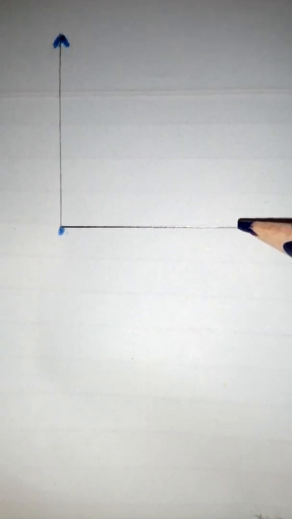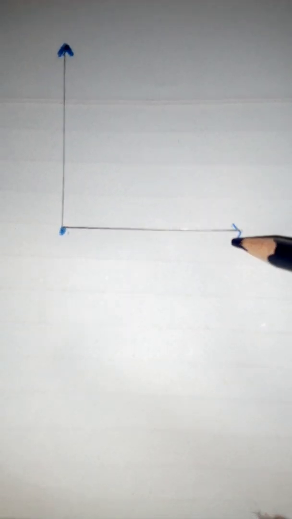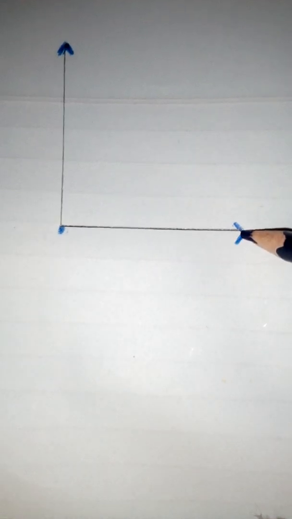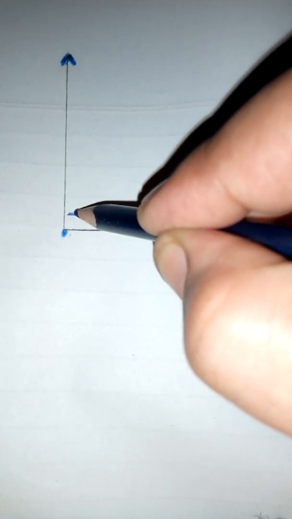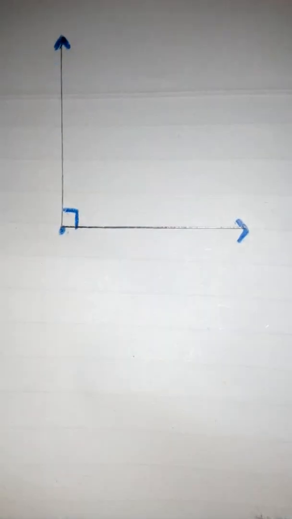So this is my vertex, and these are 2 arms or 2 rays. Because it's my right angle, I'm going to draw a small square, because a right angle is always equal to 90 degree, and this is represented with a small square. Only a right angle is represented with a small square on the vertex like this.